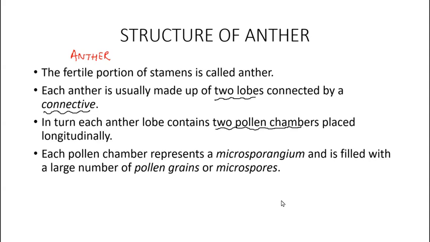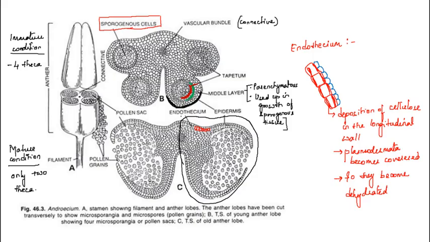So what we discussed is that the anther has two lobes. In each lobe there are two microsporangia. These microsporangia are also known as pollen sacs. What do these pollen sacs produce? Pollen grains or microspores. So look at the picture. This is one lobe, the left side is one lobe, the right side is another lobe.